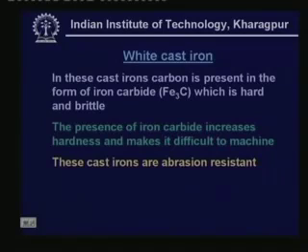The hardness, and makes machining difficult. So this has inherent hardness, and that's the reason these particular cast irons are also called abrasion resistant cast irons. So we can consider these white cast irons to be hard and difficult to machine. So we should make components where we can avoid as much machining as possible if we choose this type of material.